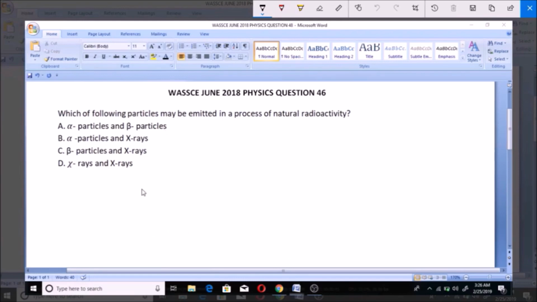So now, whenever there is natural radioactivity, the particles that are emitted are alpha particles, beta particles, and gamma rays.